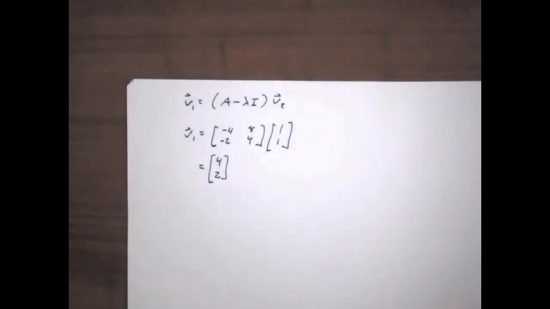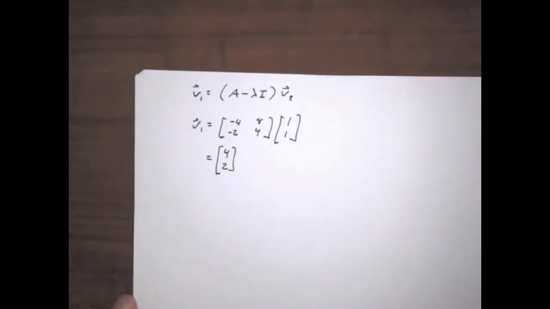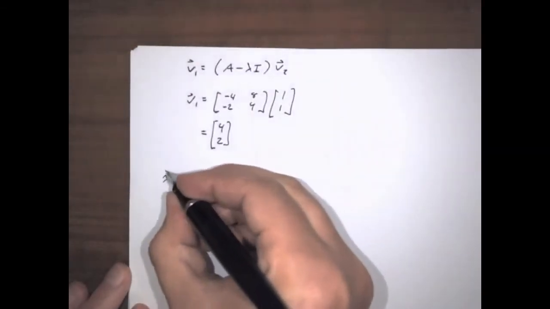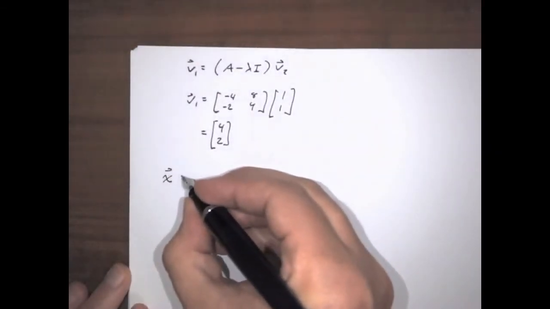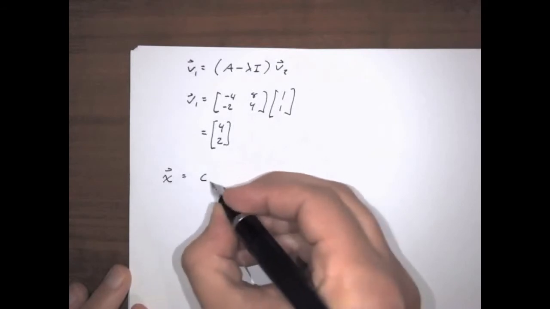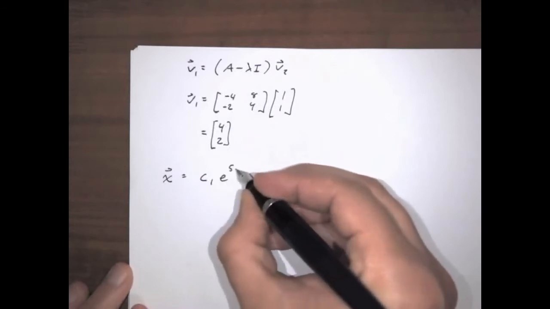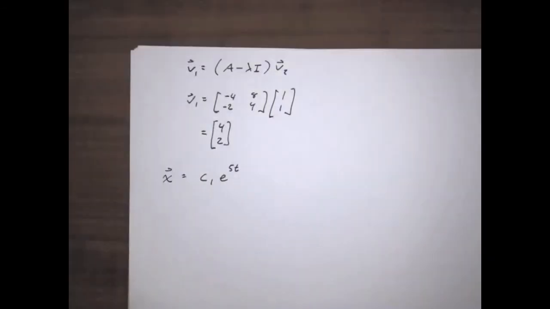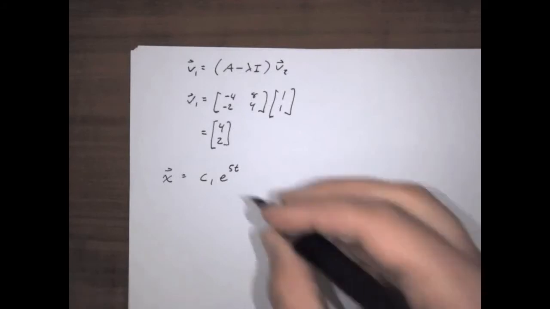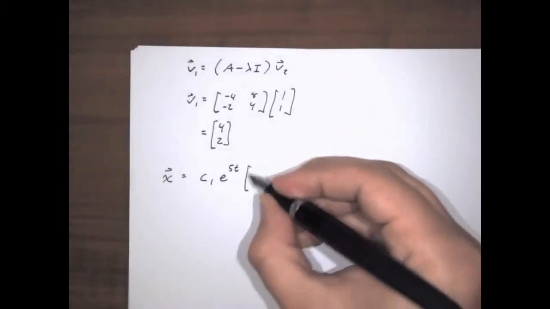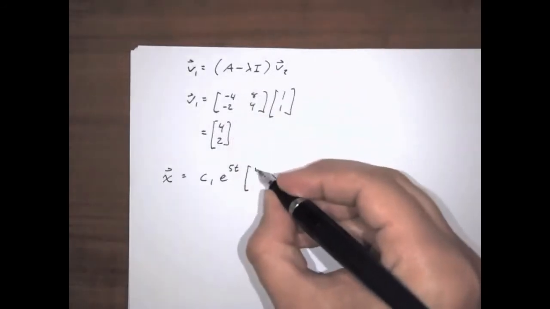Alright, so once we have those two pieces, the v1 and the v2, we can boil down the solution into the combinations of the two basic solutions. So c1 e to the 5t. The e to the 5t part can go wherever, doesn't matter. And then times the eigenvector that we found right here.